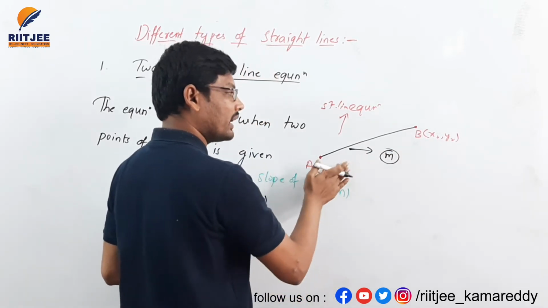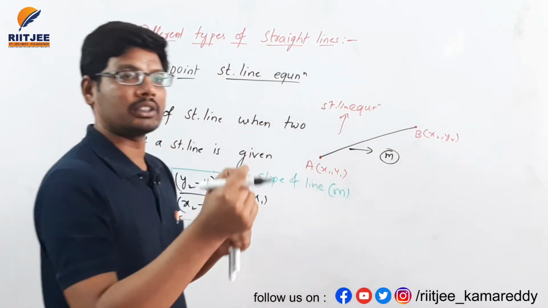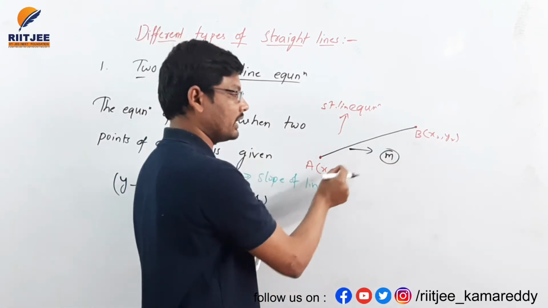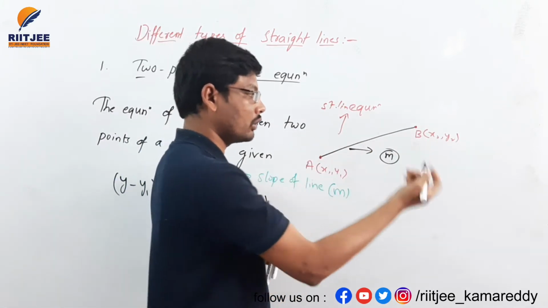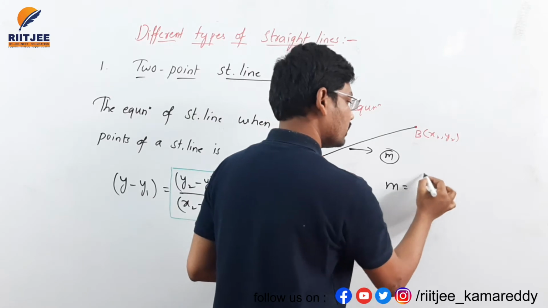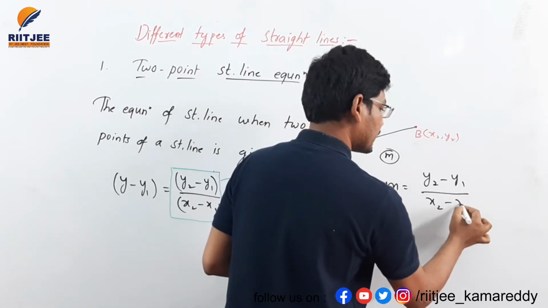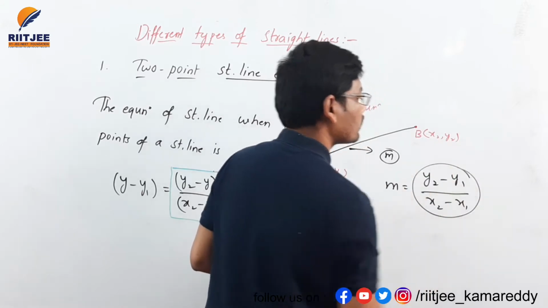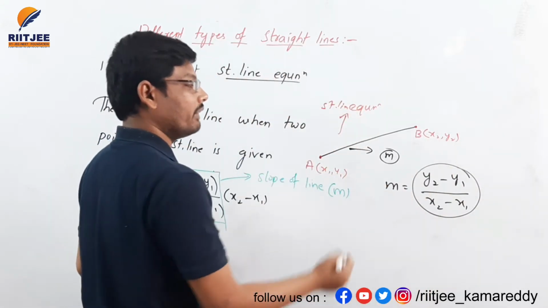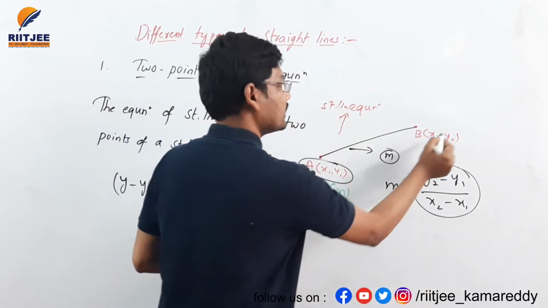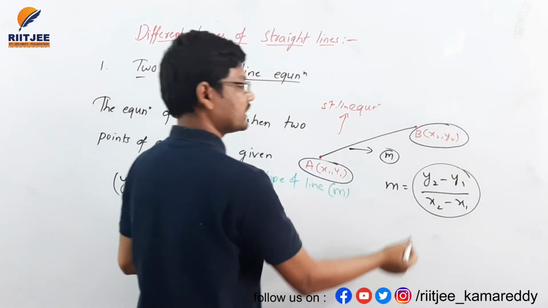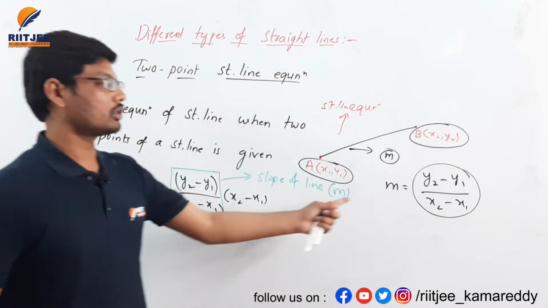And if you want to find the slope of a line when 2 points of a straight line are given, the slope formula is equal to y2 minus y1 by x2 minus x1. This is the formula to find the slope.